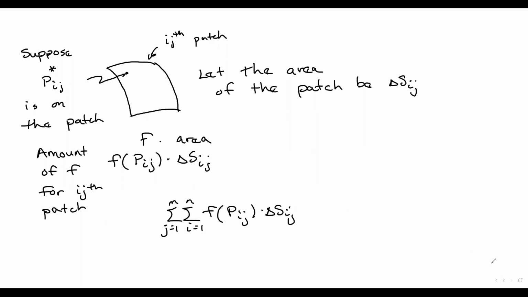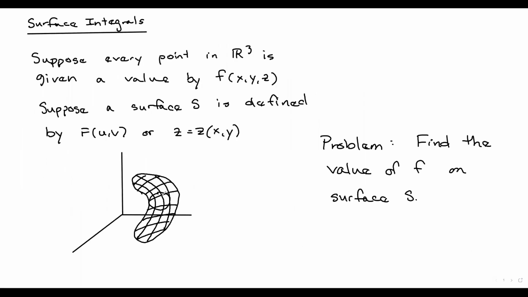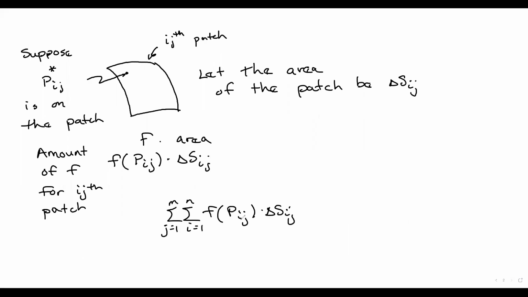Instead of just having this patch, it's going to end up adding up all these strips of patches. So we're varying i and j until we add up all the patches, and then we're taking the limit as the number of patches goes to infinity.